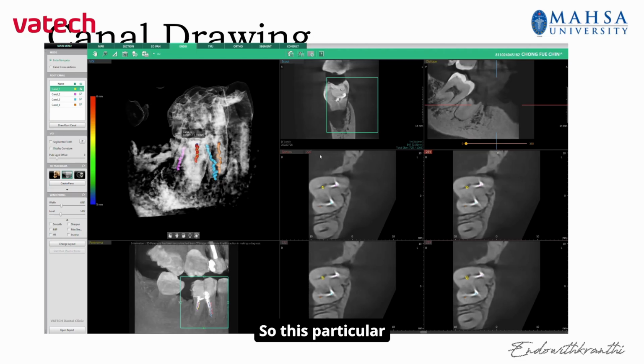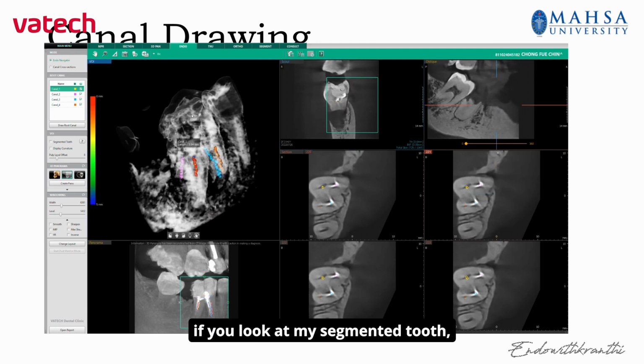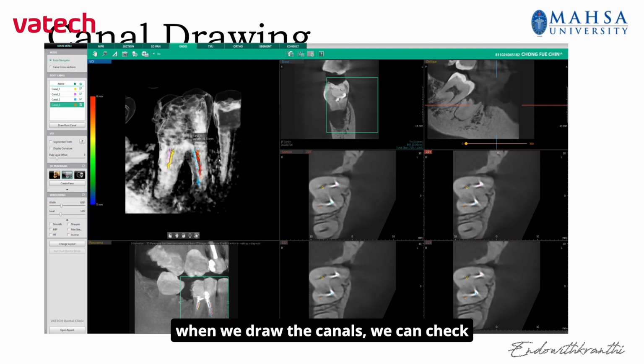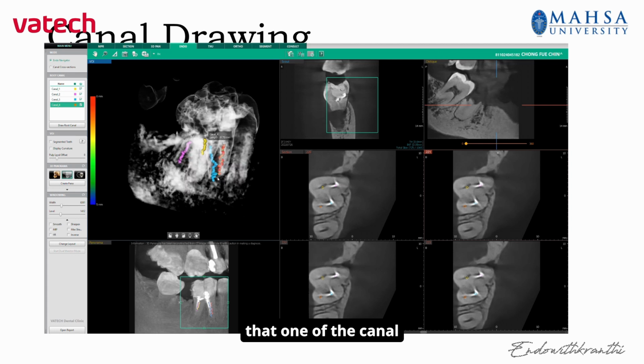So this particular, you can see on the left-hand side, that is a segmented tooth. We can actually draw the canals. This software allows us to draw the canals. So what is the advantage of drawing the canals? When we draw the canals, you can nicely draw, and if you look at my segmented tooth, we can check how, you can see there, one of the canals is merging with another.